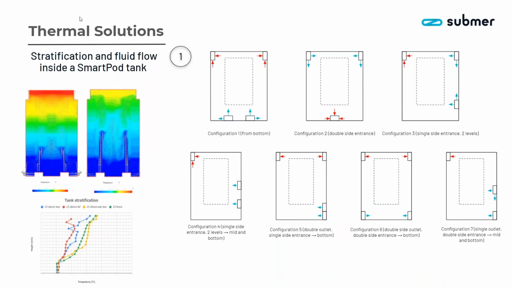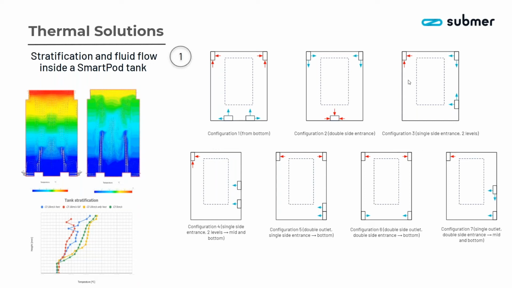And regarding the thermal part, one good example was this one about stratification and fluid flow. This study was mainly a conceptual one in order for us to understand how different possibilities of fluid inlet in our distributor parts may affect the overall stratification of the tank.